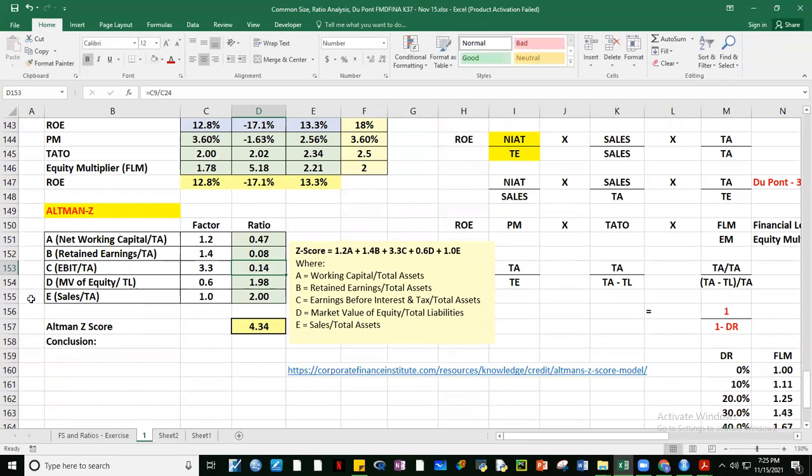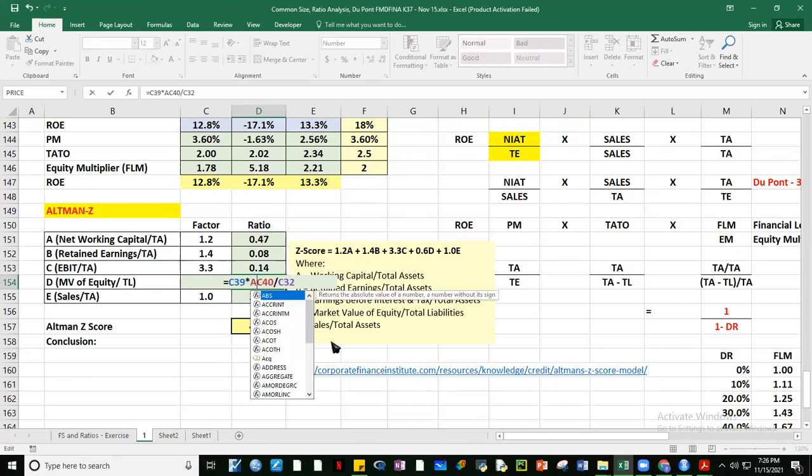Okay, and then market value of the equity divided by total liabilities. So simple lang to. Ano yung market value natin? Is the stock price times the number of shares, no? Okay. So that's the market value of the equity divided by the total liabilities. Okay. So siguro mas appropriate kung kinuha din natin yung average ng number of shares natin, no?